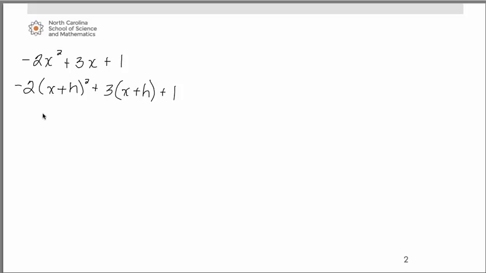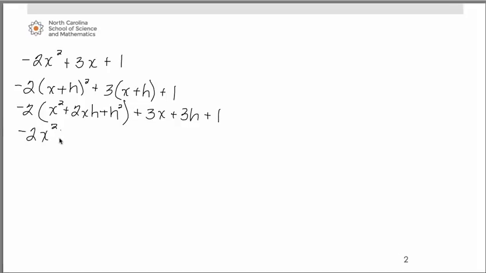So it's really just a matter now of having to multiply all this out. So that binomial squared, of course, is x squared plus 2xh plus h squared. We can distribute our 3. Distribute our negative 2, and that should be about all that we can do. Oop, that's a minus.